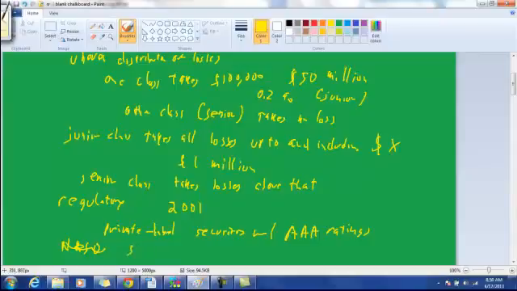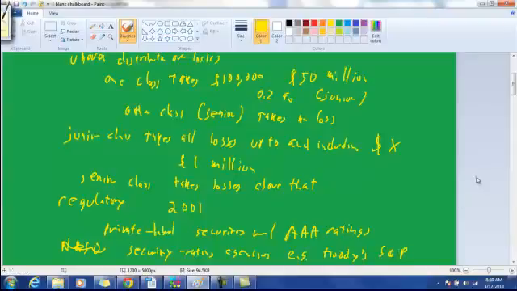So these are security rating agencies that were blessed by the government, things like Moody's and S&P.